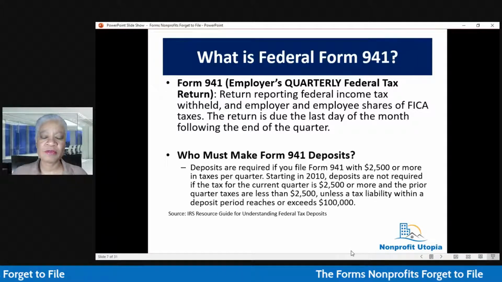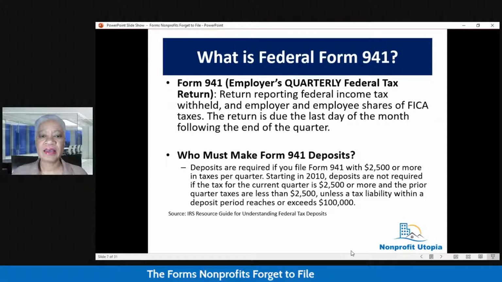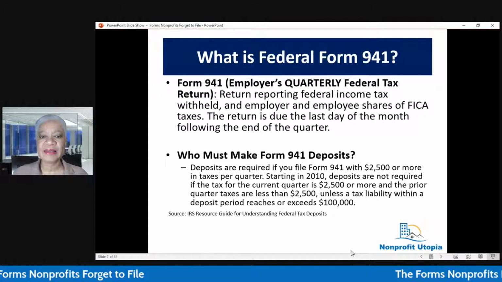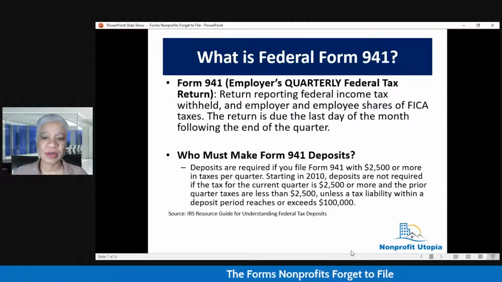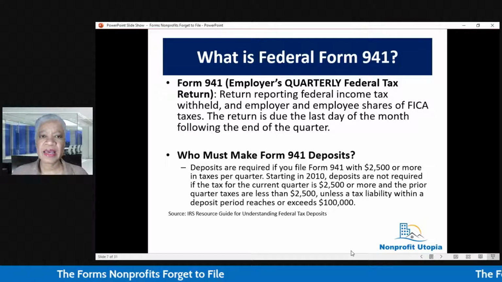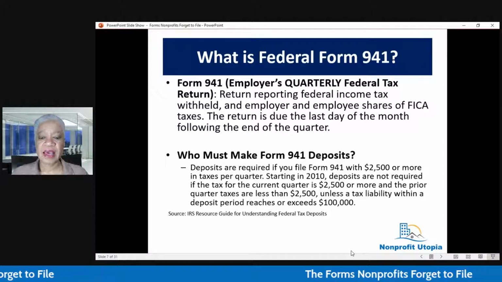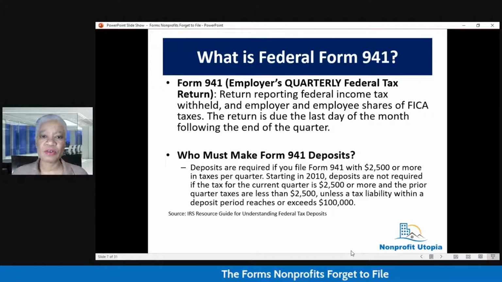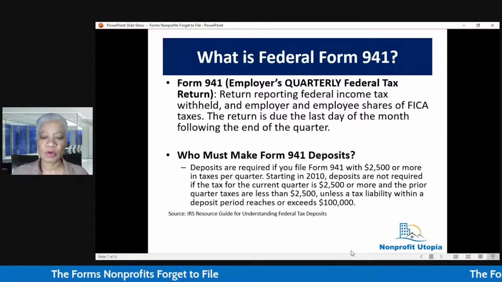All right, so you're basically using Form 941 to report income tax that is withheld. So your employees' income tax, any Social Security, any FICA, right? So anybody has to file Form 941 if they have $2,500 or more due in any one quarter.